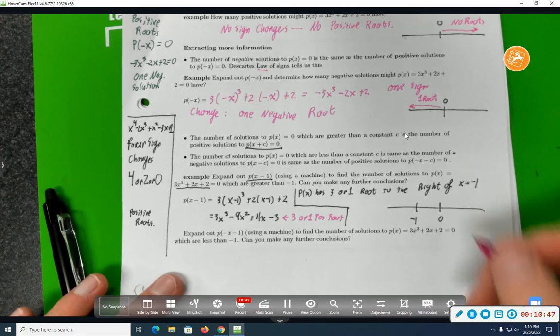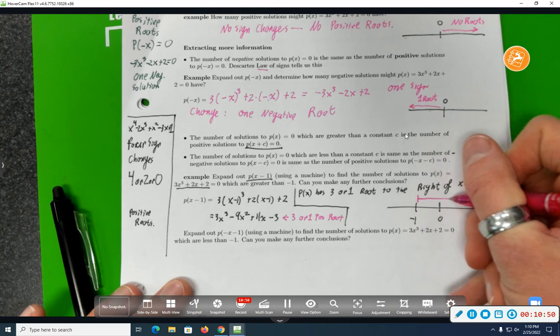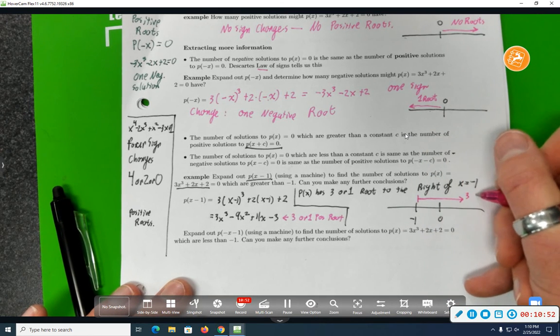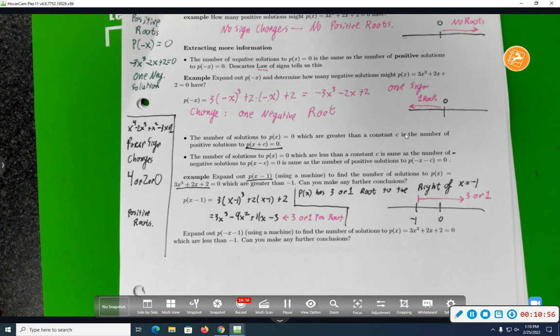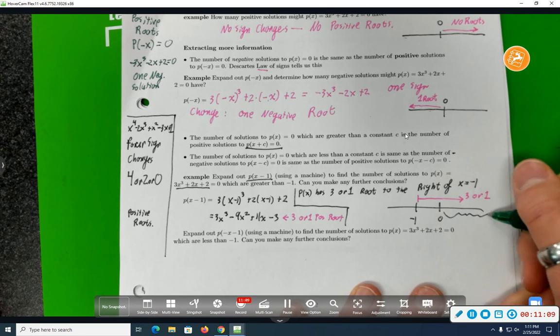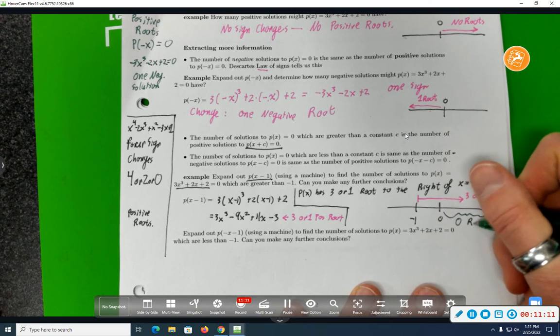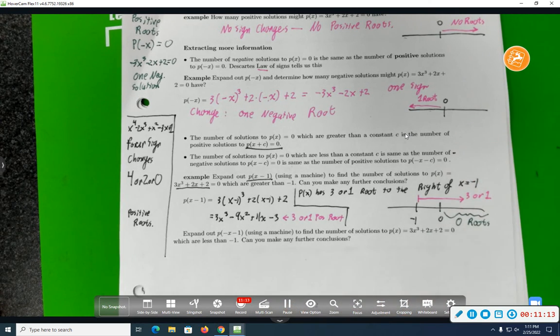So there's -1, 3 or 1 root. And let's try to combine the information from the previous couple of lines. How many roots does this polynomial have to the right of 0? Cool.